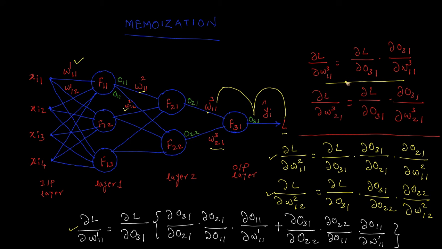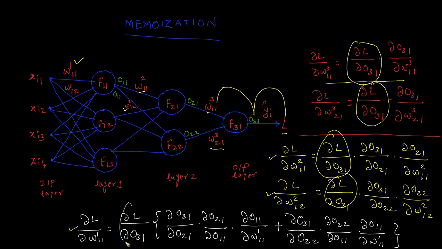If you look at these derivatives, I am computing the derivative of loss with respect to O31 here, as well as here, as well as here, and here. In only these 5 derivatives, I am doing this derivative computation repeatedly.